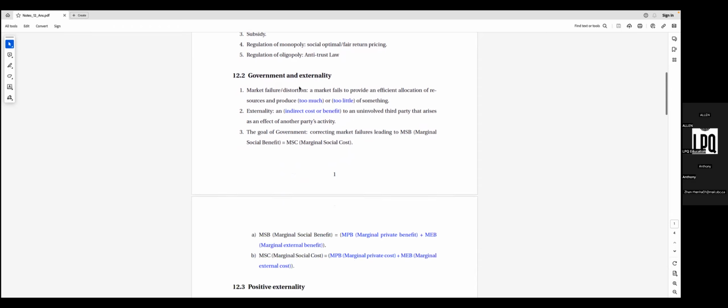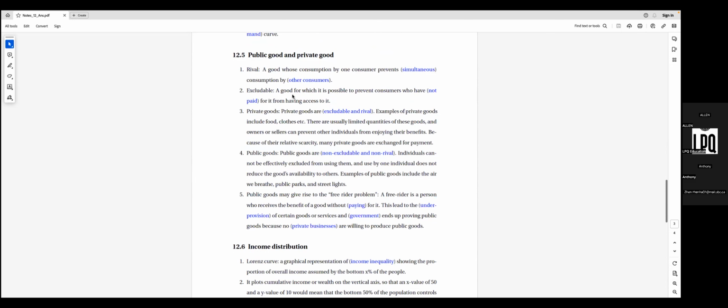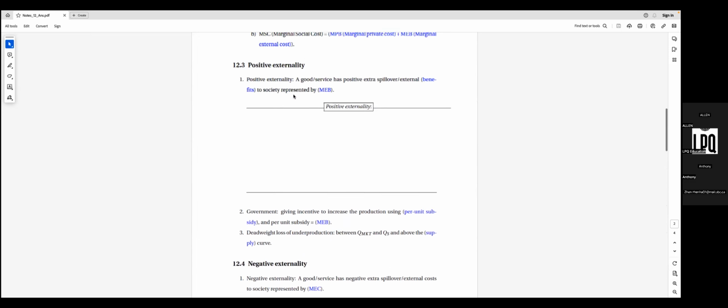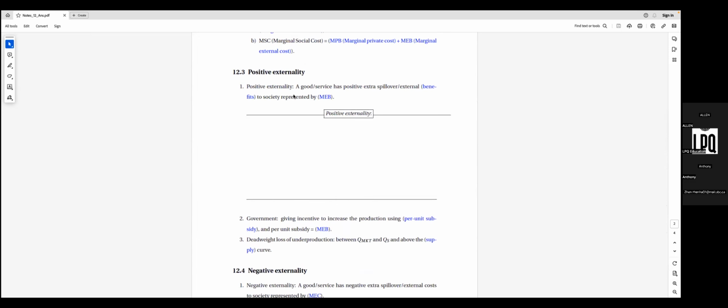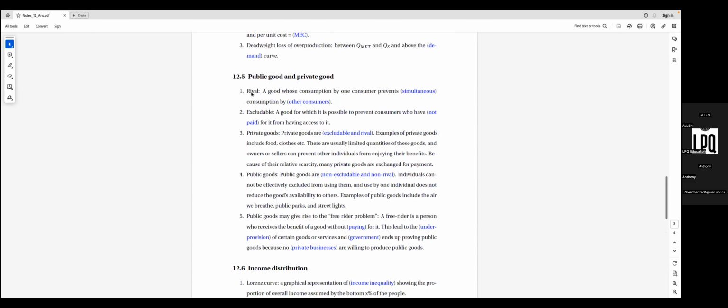After the first part, today we basically learn 3 more topics related to government behavior. The first problem is how the government can fix something called externality. Later we will talk about what externality is. Number 2 is the examination of the difference between public goods and private goods.